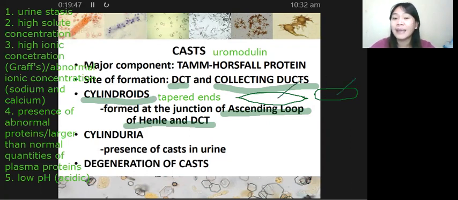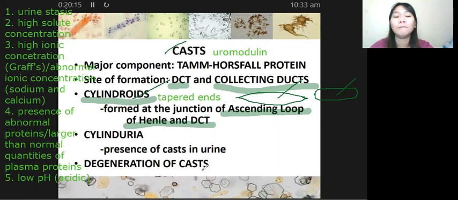Ito naman ay casts. Okay? But take note na even if they appear differently and even if they are formed at different sites in your renal tubules, the clinical significance of your cylindroids is the same as that of your casts. So parehas lang po sila ng clinical significance.